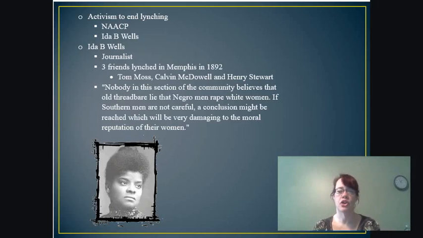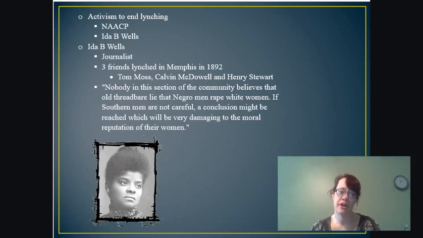If Southerners are not careful, a conclusion might be reached that will be very damaging to the moral reputation of their women." And what she's speaking about is one of the things she found when she started to research these cases: sometimes when an African American man was lynched, we're talking about him having consensual sexual relations with a white woman, or marrying a white woman, or a situation like that.